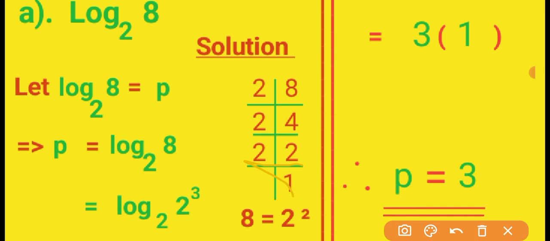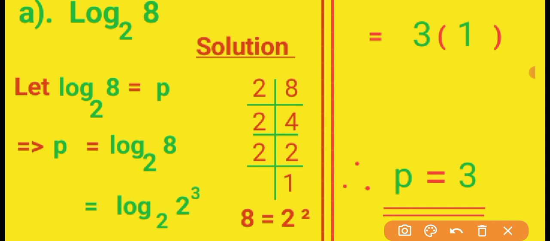Now, since we have factorized it completely, we know that this 8, which is here, is equal to 2 to power 3. We are saying 2 to power 3 because when we divide this 8 in each step by 2, we divide it 3 times for it to be complete.